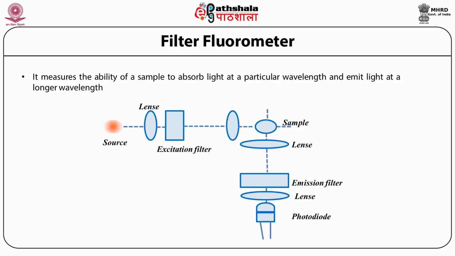The comparative ease of handling and low cost make filter fluorometers ideal for detecting routinely the measurements. A typical fluorometer includes a light source, a specimen chamber with integrated optical components and high sensitivity detectors, and the schematic diagram of the arrangements are shown in the figure.